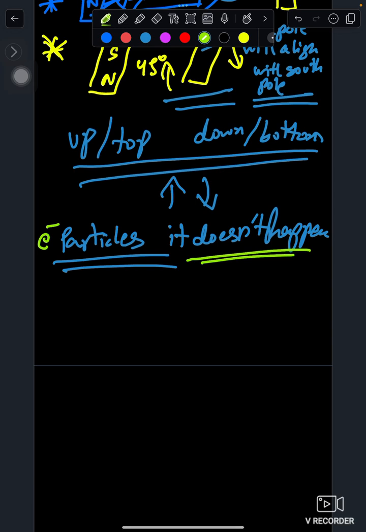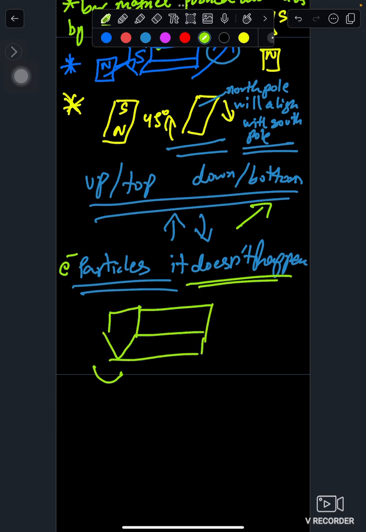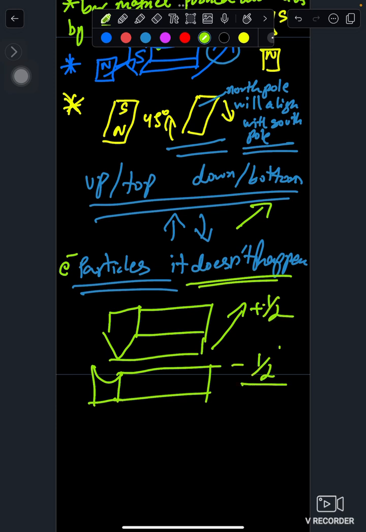Either up or down, any of these will take place. This up is positive up spin, negative is down spin.